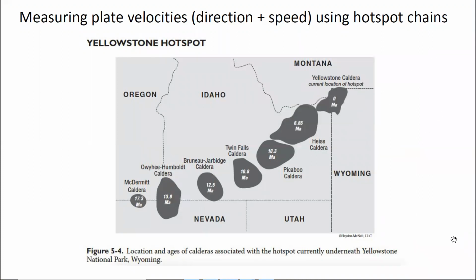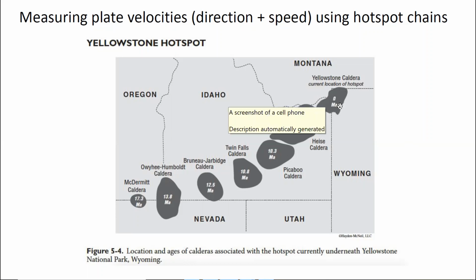And the oldest caldera, at least in this image, is the McDermott caldera, which is 17.3 million years old. So these all formed from the same hotspot. So 17.3 million years ago, the McDermott caldera would have been located over the current hotspot.